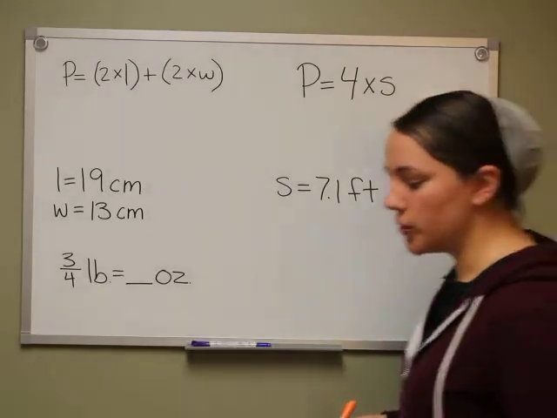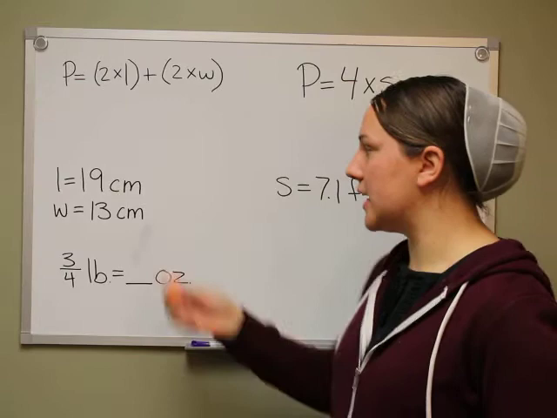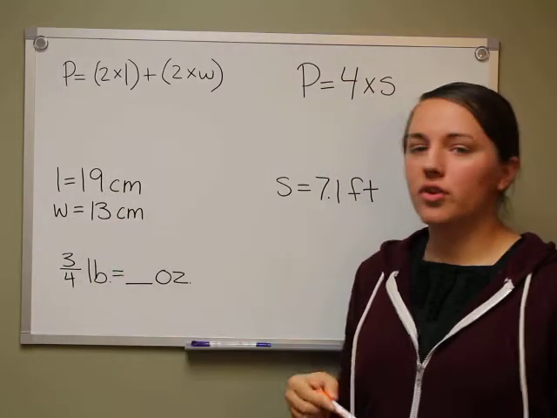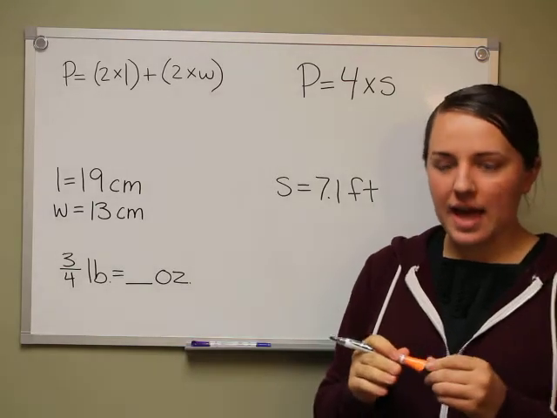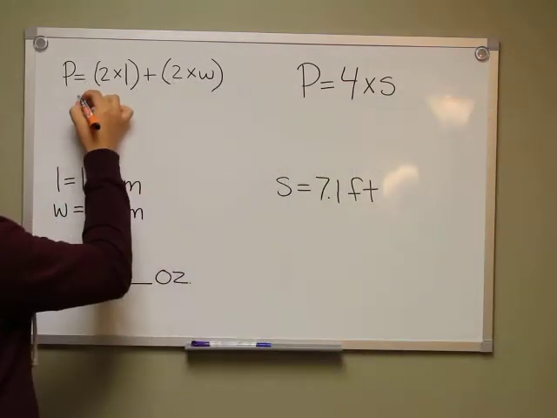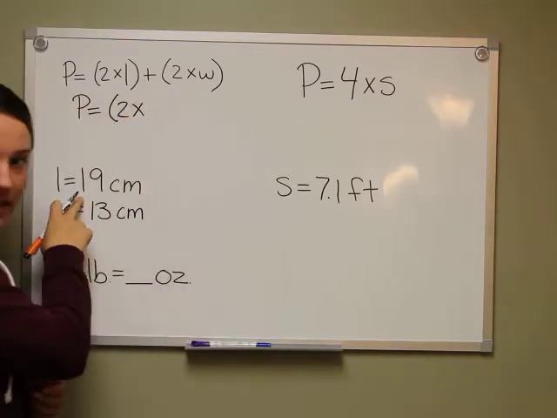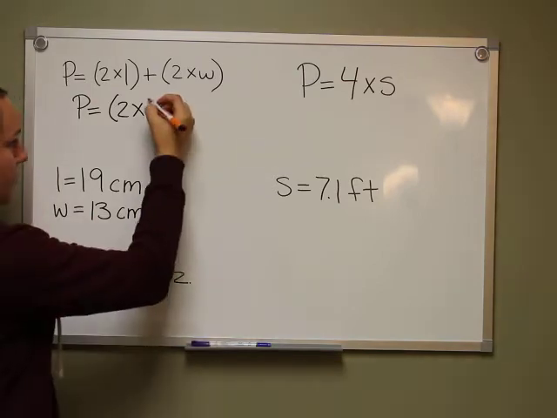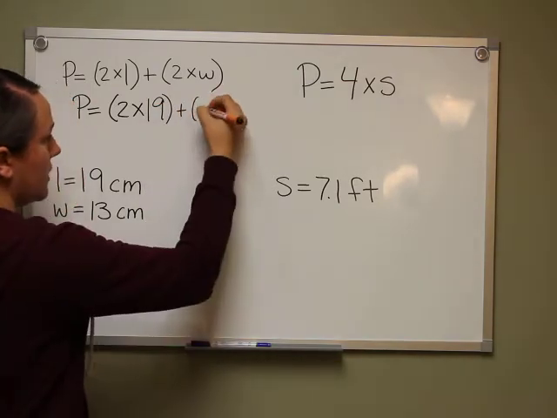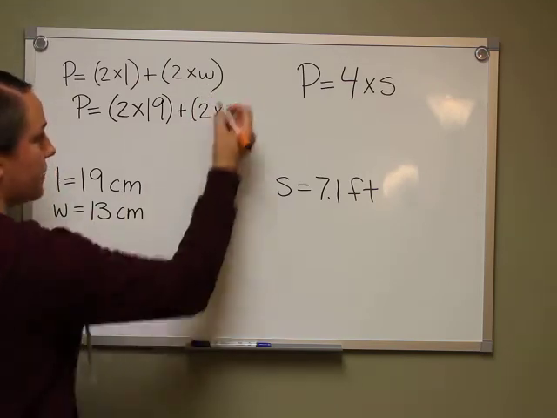Let's go ahead and do a quick review of this. So if our rectangle has a length of 19 centimeters and a width of 13 centimeters, let's go ahead and calculate our perimeter. So we have P equals 2 times 19, since that's our length, plus 2 times 13, since that's our width.